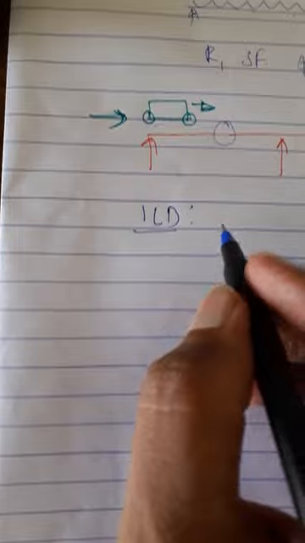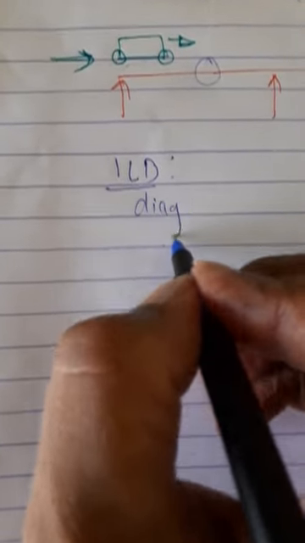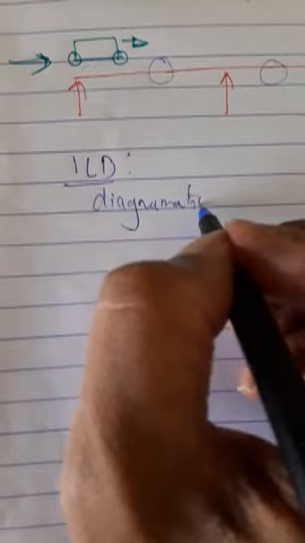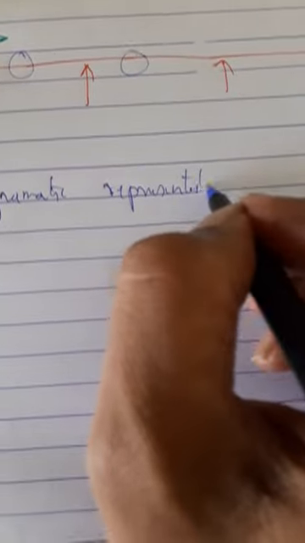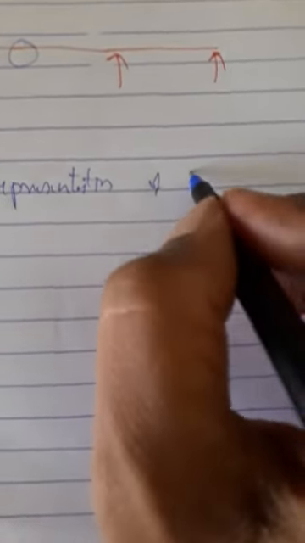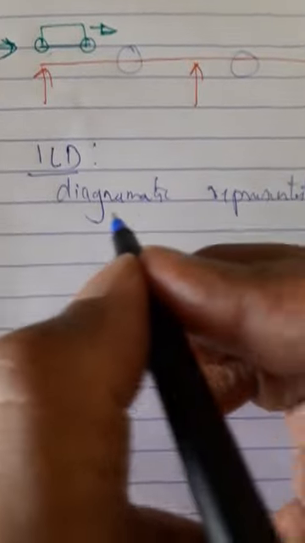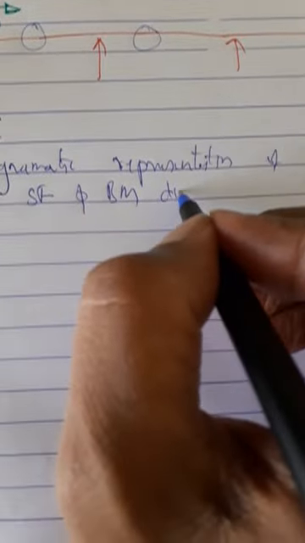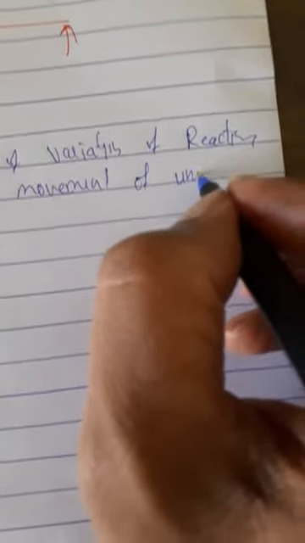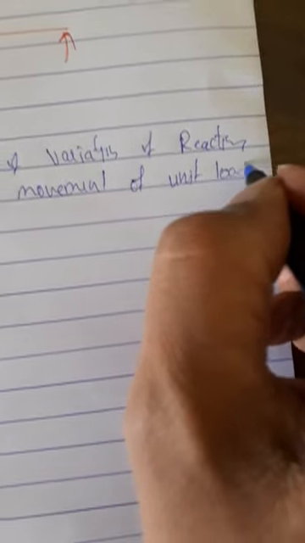Now influence line diagrams are nothing but diagrammatic representation of variation of reactions, shear force and bending moment due to movement of unit load. Unit load means 1 kilonewton load.